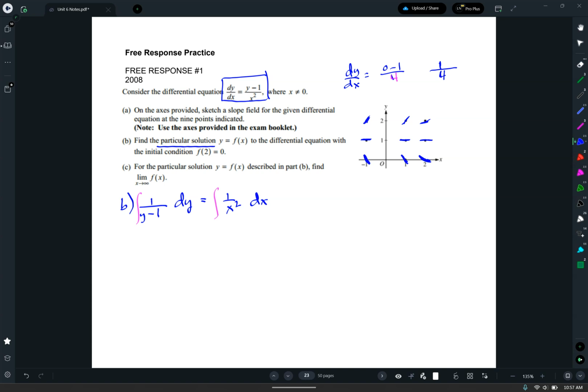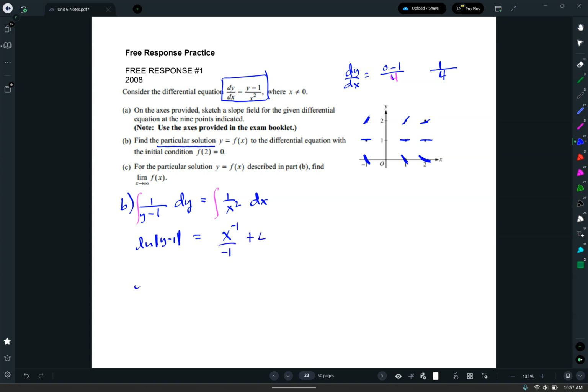on the left, when I integrate, it's going to be natural log of y minus 1. You can think of it as a u prime over u. And on the other side, think of that as x to the negative 2. So that means the antiderivative is, using x to the n plus 1, x to the negative 1 over negative 1.